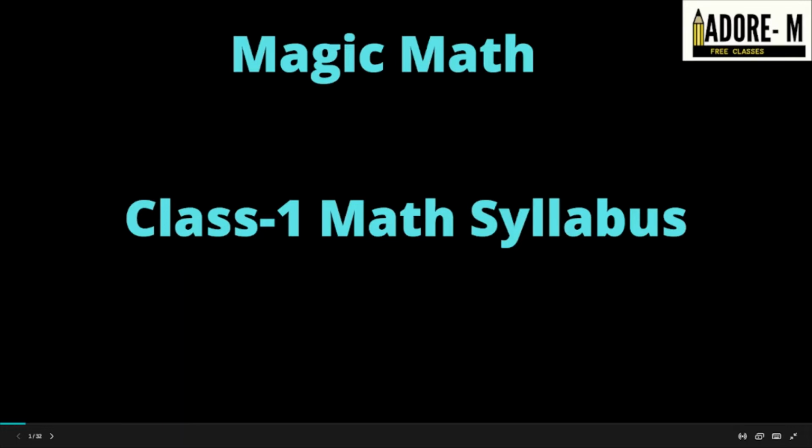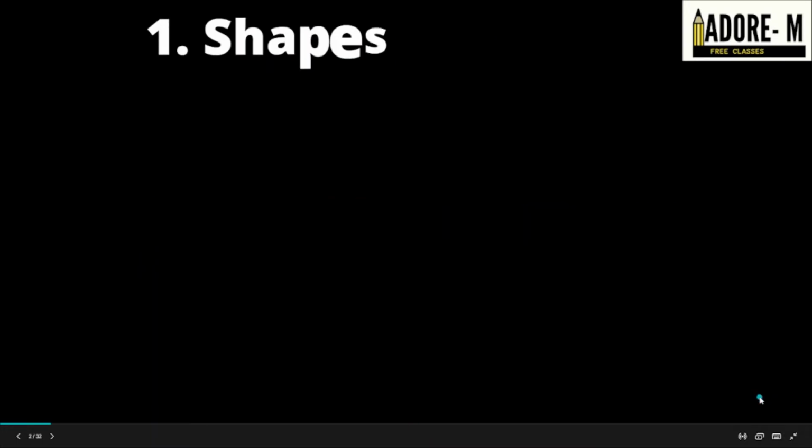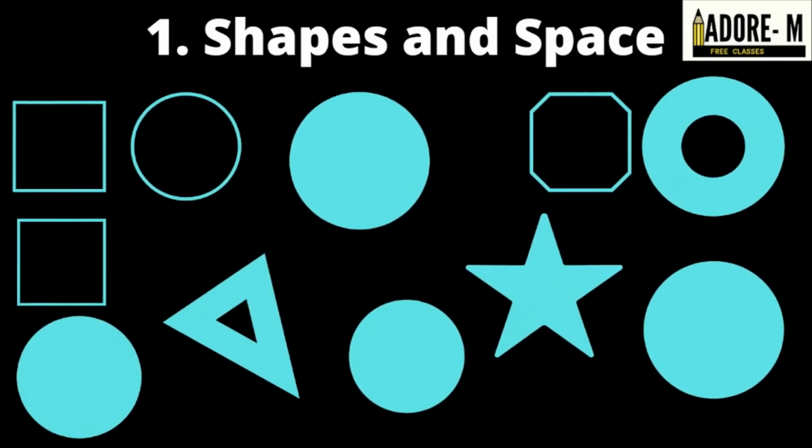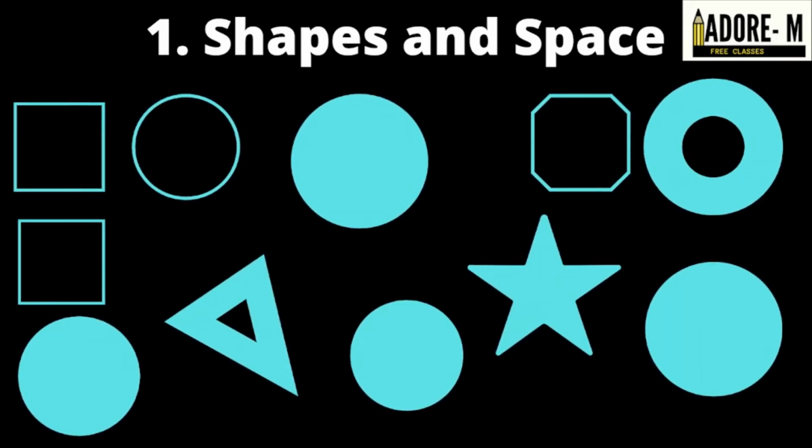We are going to see what the syllabus is for our class, first the Math Magic NCERT book. Okay, let's start. The first chapter is Shapes and Space. In this chapter, we are going to see shapes like squares, circles, rectangles, and semicircles.